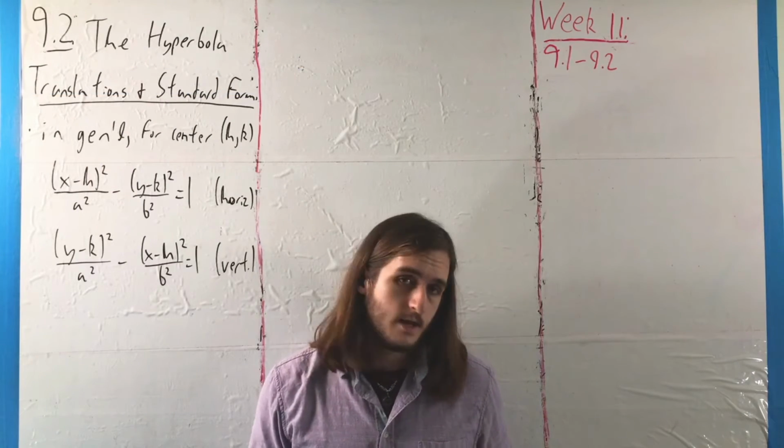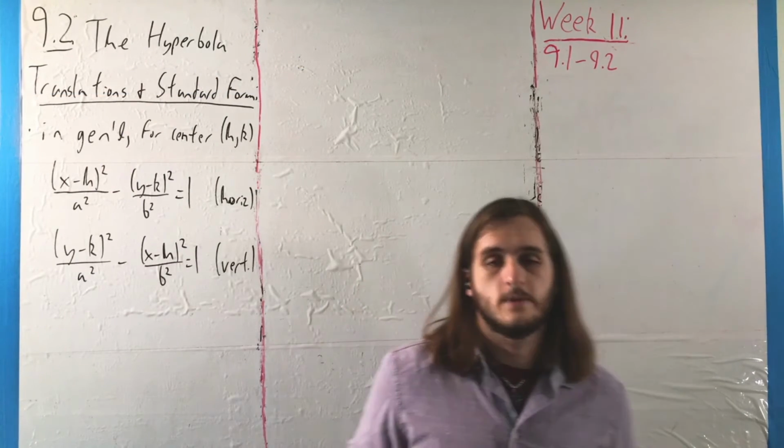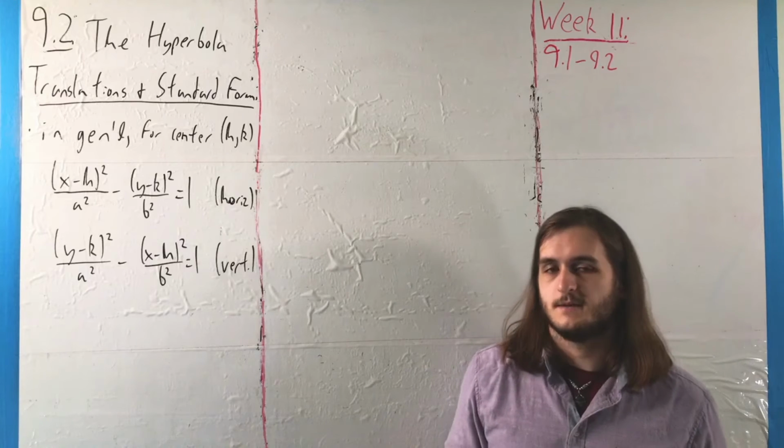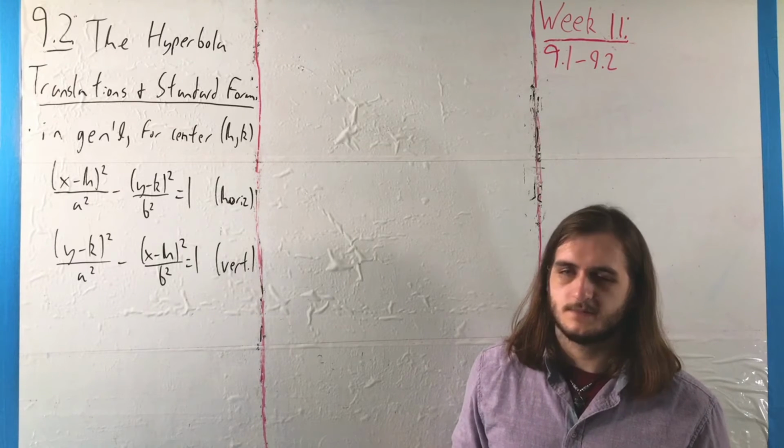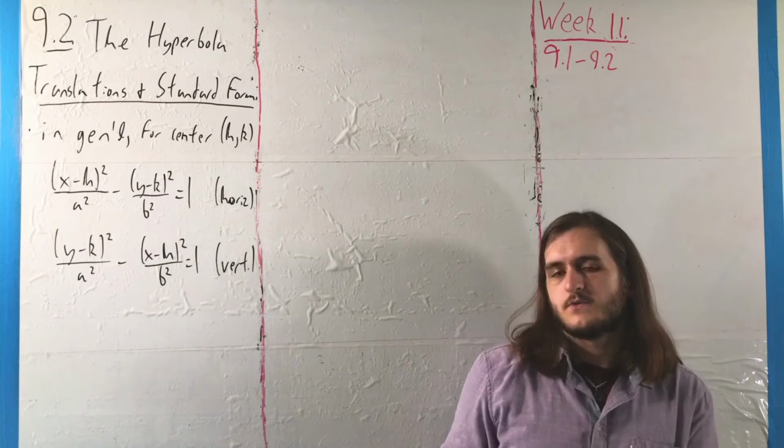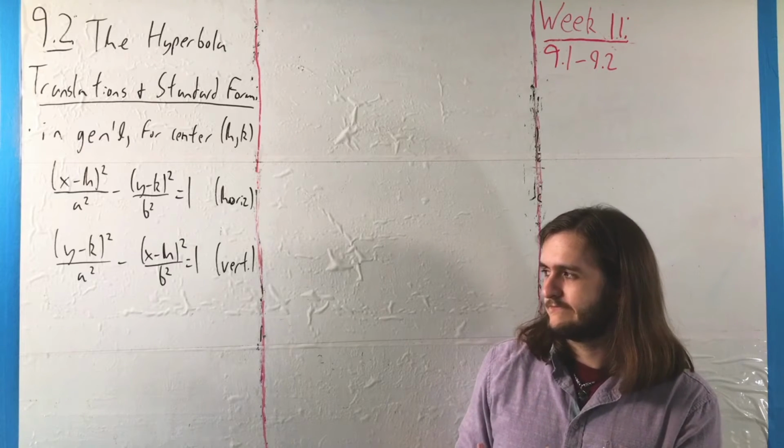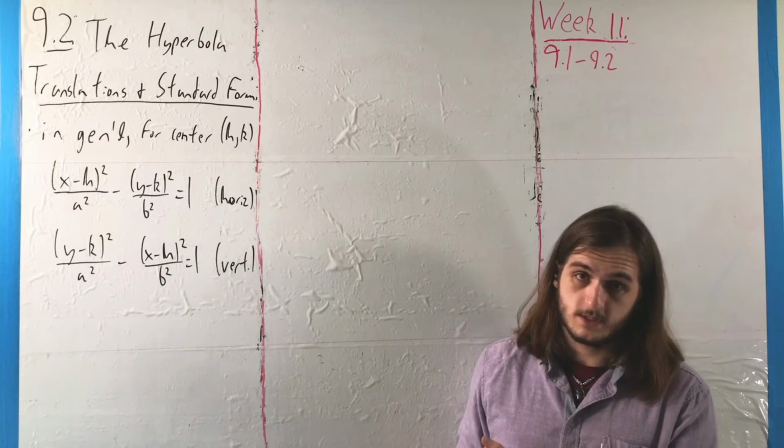So, to get a better understanding of this, we're going to look at another example where the main thing we're going to be doing is some algebra, because it's nice to have the standard form, but, well, where would the fun be if I only ever gave you the standard form?